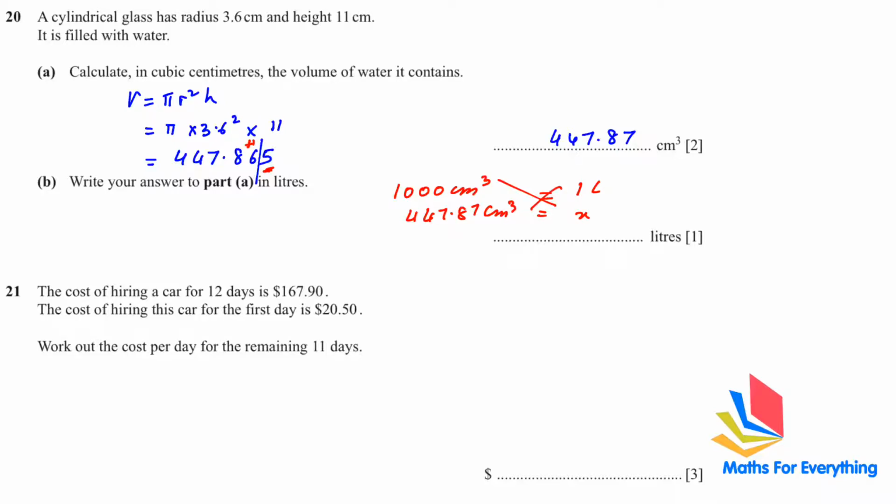We will get 1000x is equal to 447.87, so x is 447.87 divided by 1000, and the answer is going to be 0.44787 liters.